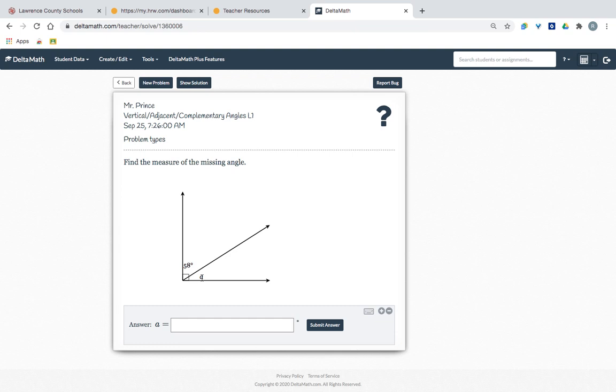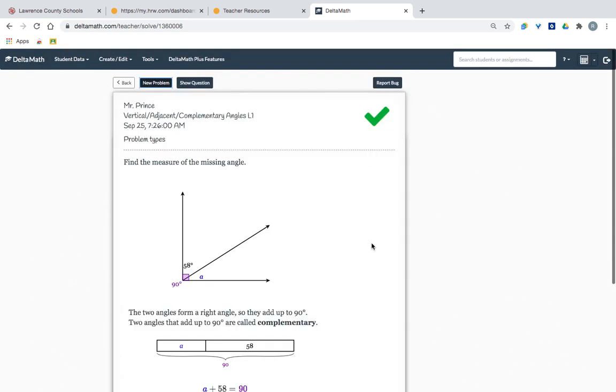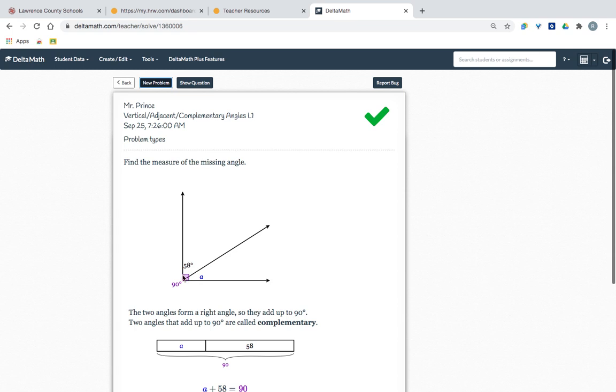It's just 90 minus 58, which will give us 32 degrees. It's already got the degree symbol, so you don't have to type degrees, just the number 32. Submit your answer, and that's all there is to it. Pretty simple. Remember, this box means the whole thing's 90, so 90 minus 58 will give us what's remaining.